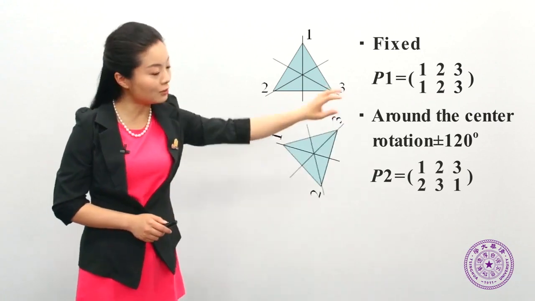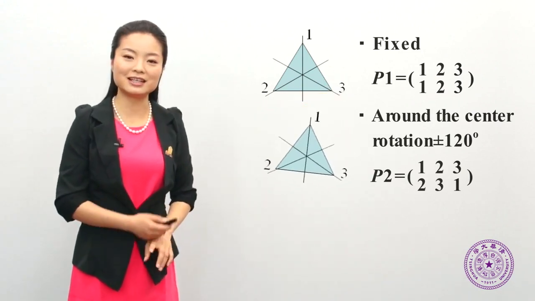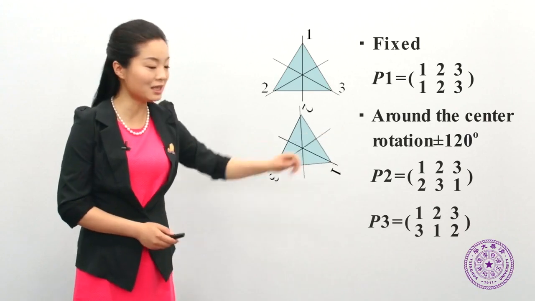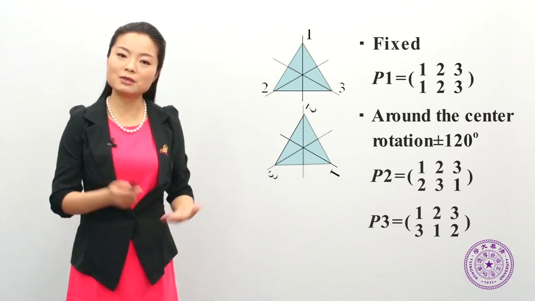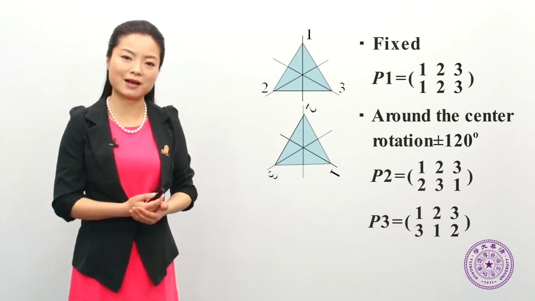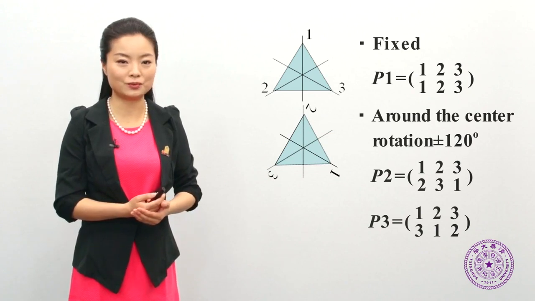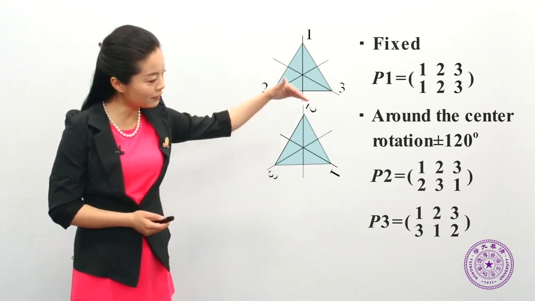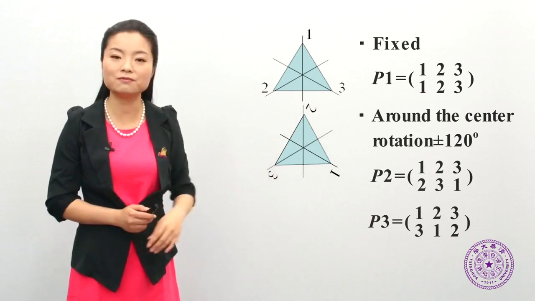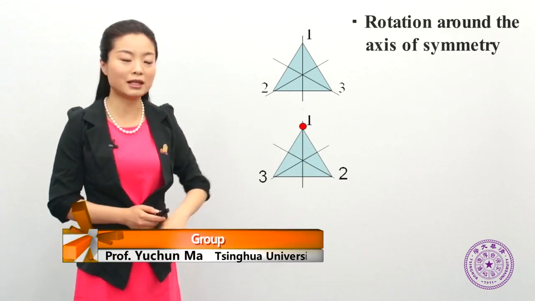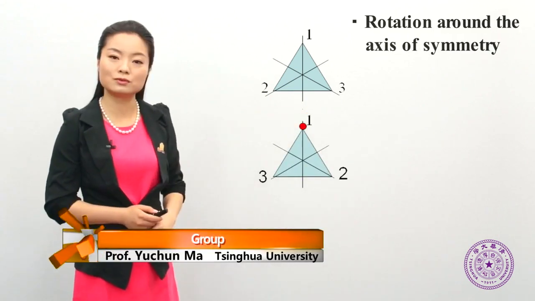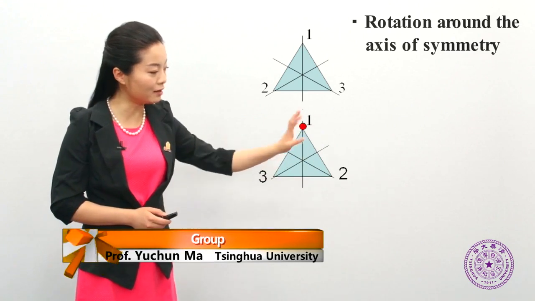Of course, 120 degrees is a possible rotation degree. If it is rotated by minus 120 degrees, we still get a permutation. We use P3 to represent it. Then besides the rotation, actually there is also an axis of symmetry. We can consider, is it possible to flip according to the axis of symmetry?